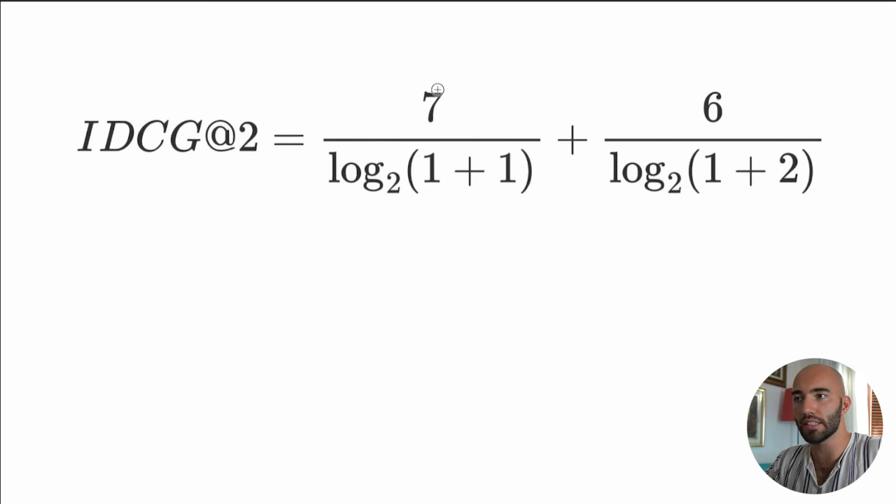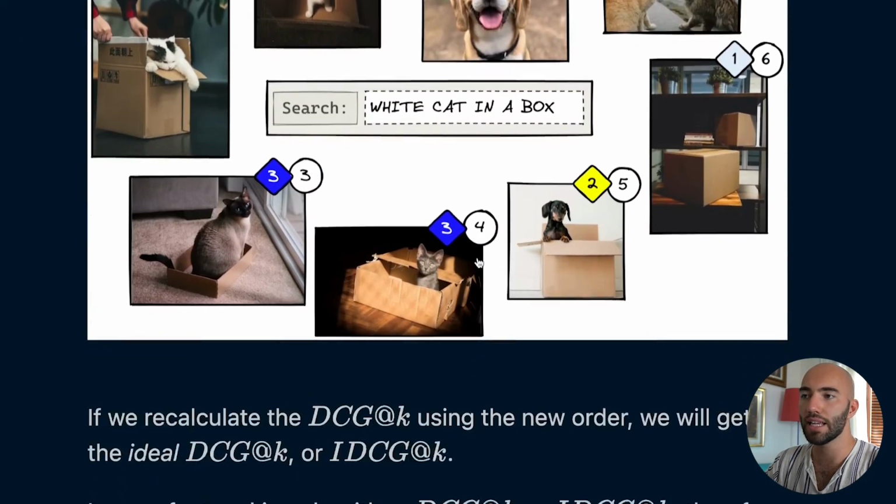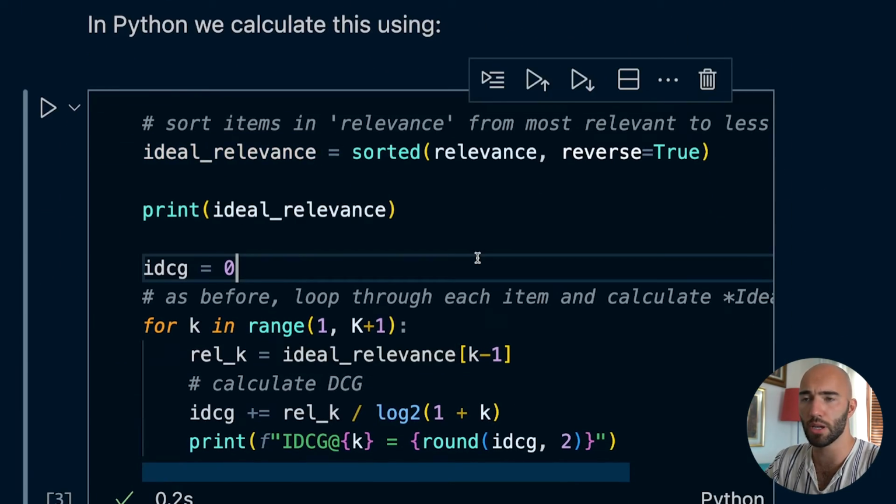So using our earlier example, we have two items that are both ranked at 4. So we cross these values out, and in this case, we're going to use 4 instead. And we would get a value of 4 plus 2.52. So the ideal DCG is equal to 6.52.